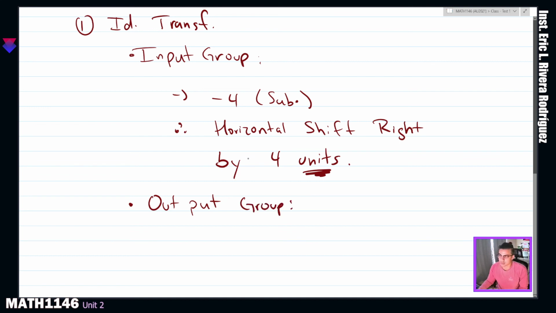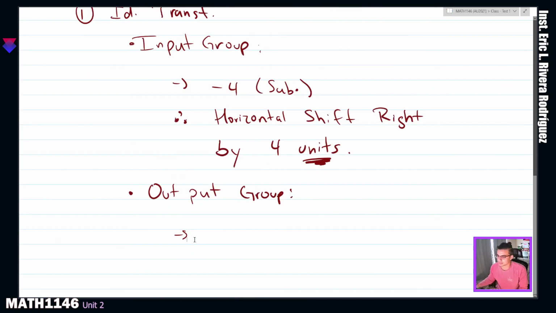So we have only one horizontal transformation, and we are seeing multiplication by 2. 2 times x minus 4. I can drop this. What is important is this 2 and the multiplication.